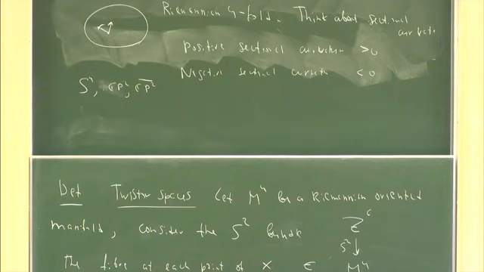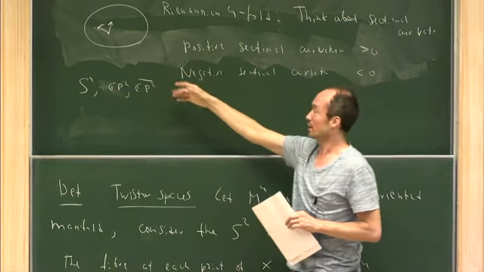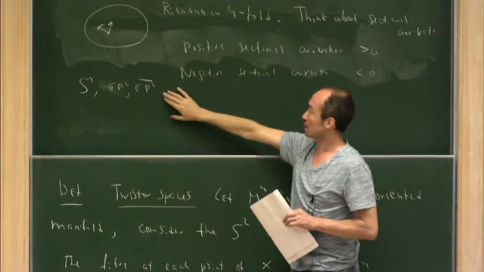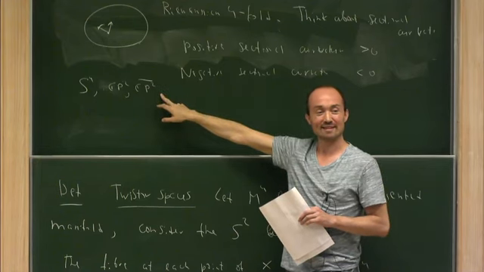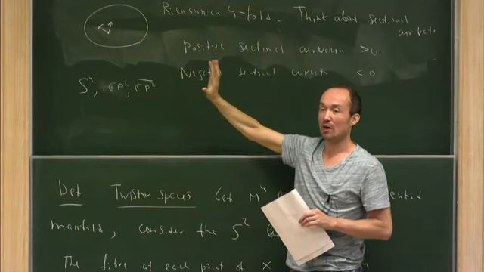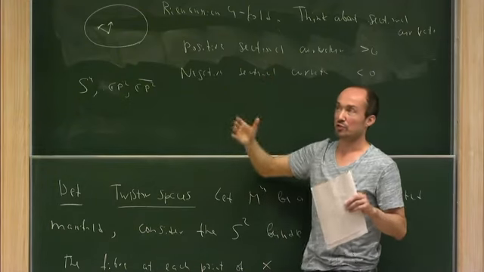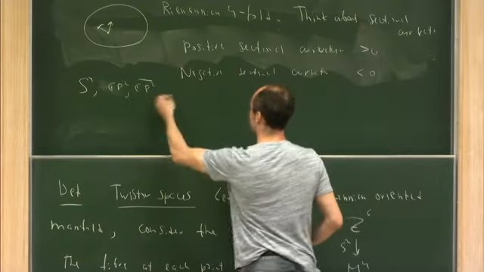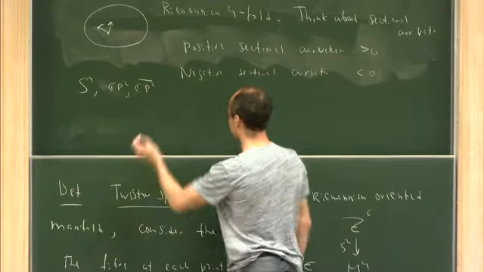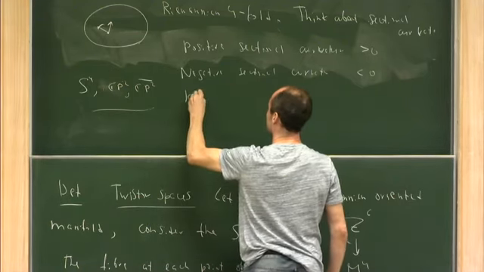So this is why our result is an analog of this statement. But again, is it CP2 blown up in one point as well? I forgot. Yeah. So this is how far differential geometry can go. Differential geometry can say that if you take a positively curved manifold with an S1 action, then this is the classification, and this is the work, say, of Kleiner.